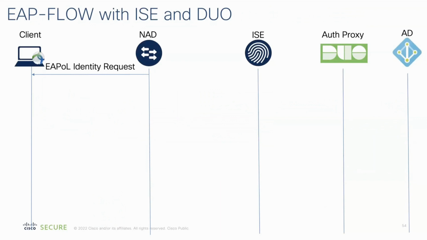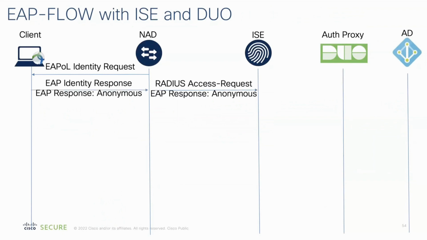At a granular level, this is how the flow is going to work whenever the user is trying to connect to the network access device. First of all, the EAPOL communication happens. As part of the EAPOL communication, the RADIUS request is sent from the network access device on behalf of the client to the ISE.